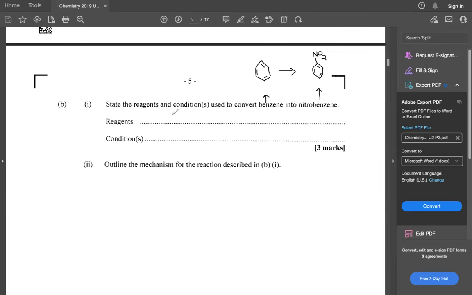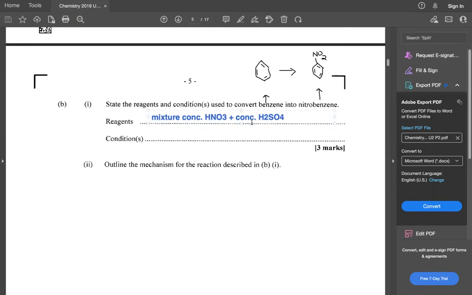And to do that, what we need is a mixture, which we call a nitrating mixture, and that's just comprised of concentrated HNO3 and concentrated H2SO4, right? So that's our nitrating mixture that we use to nitrate that benzene, and that will give us nitrobenzene. So these are the reagents that we need.